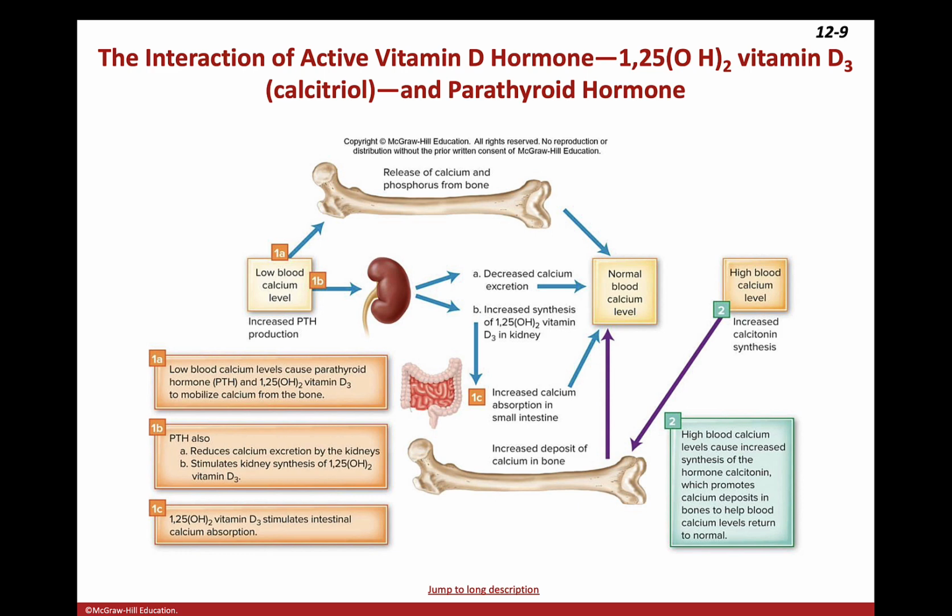Now, when we look at high blood calcium levels, we're going to look at increased levels of calcitonin. High blood calcium levels will cause increased synthesis of the hormone calcitonin, and this is going to promote calcium deposits in the bones to help blood calcium levels return to normal.